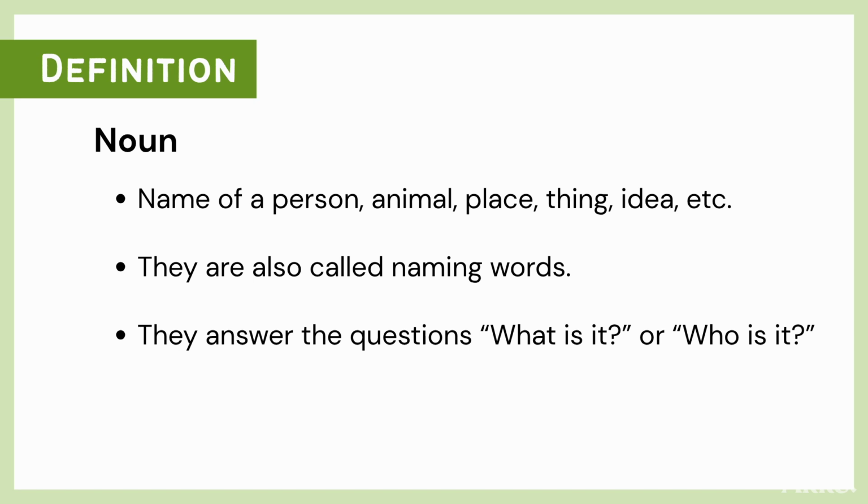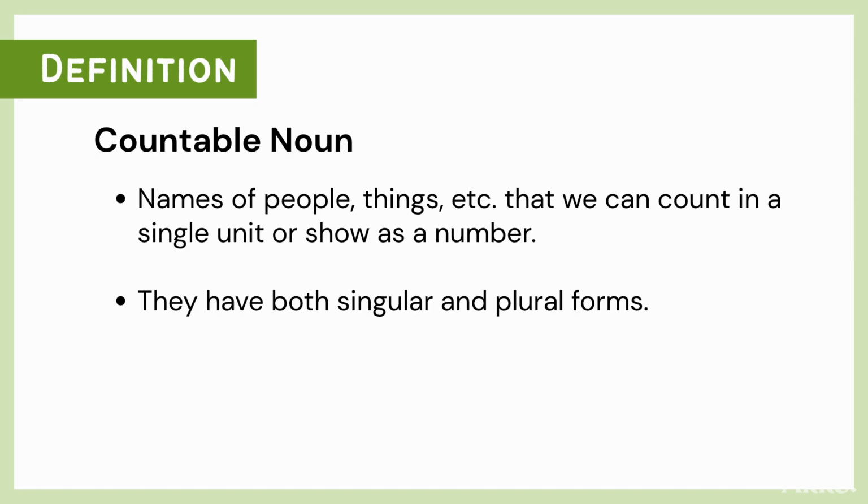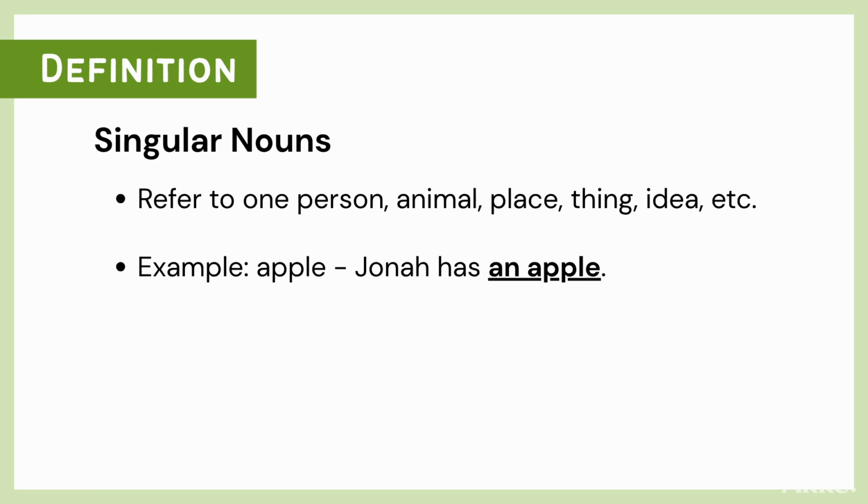Nouns also answer the questions, what is it or who is it? When a noun can be counted, we call it a count or countable noun. We learned that count nouns can have singular and plural forms. Singular refers to one person, animal, place, etc., such as apple.